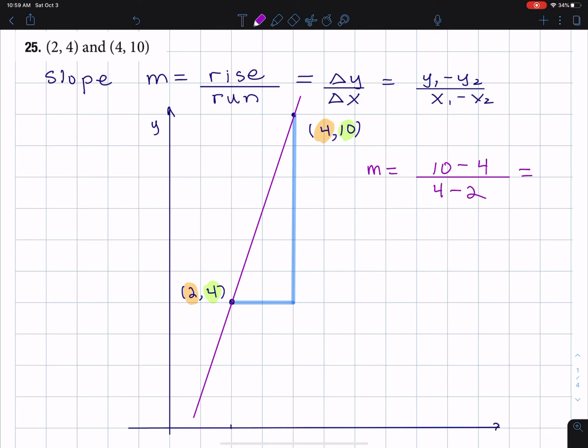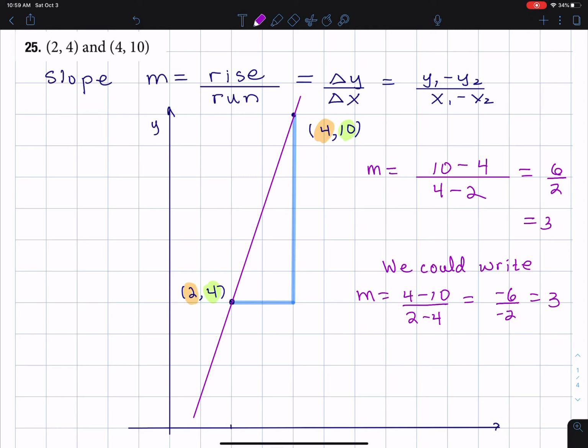Now, let me just continue on this. So that's going to be 6 over 2, which we see is 3. But we could write that m equals 4 minus 10 over 2 minus 4. So it's possible, and just fine actually, to reverse those.